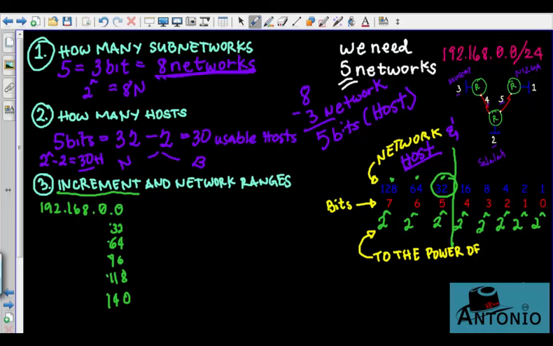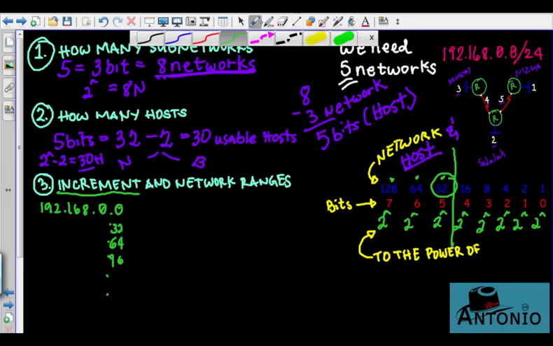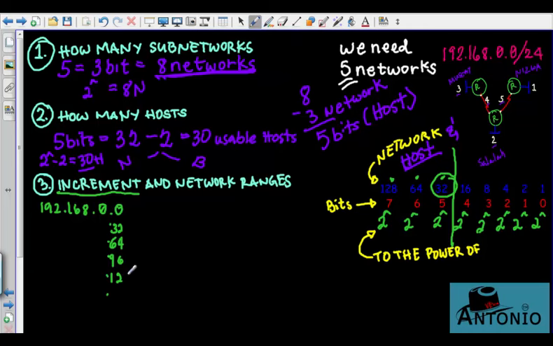Oops, wrong computation. I'm gonna erase that. Sorry about that. All right, 96 plus 32 is 128, and then 160.